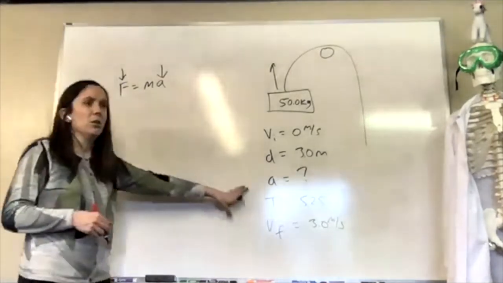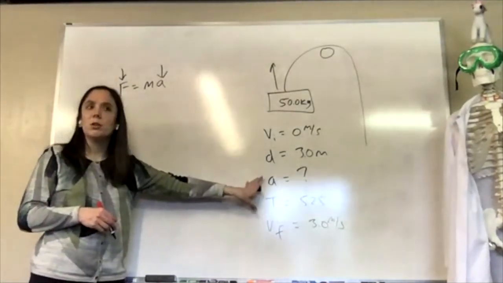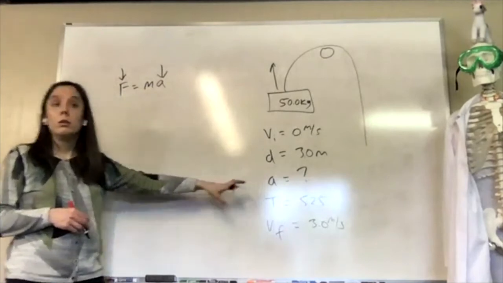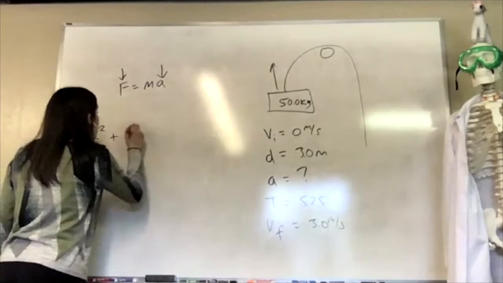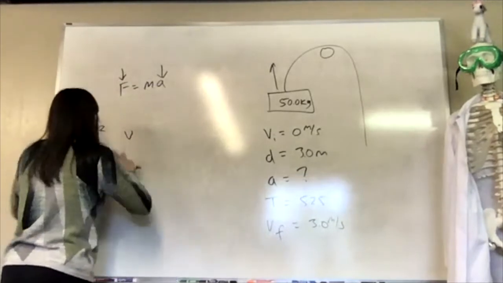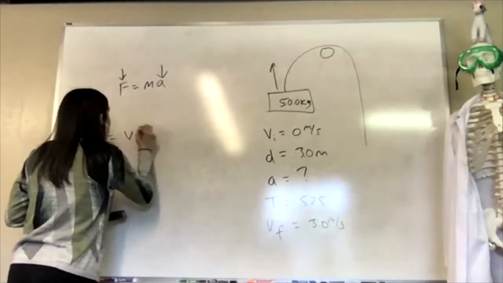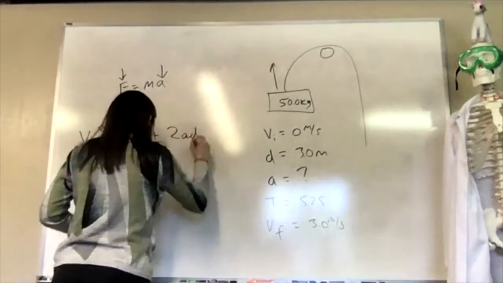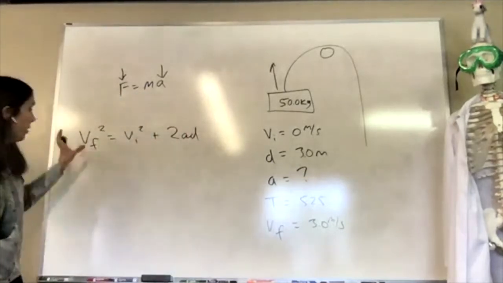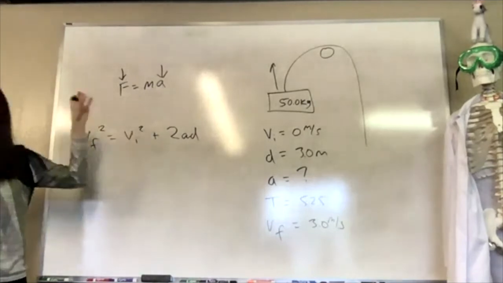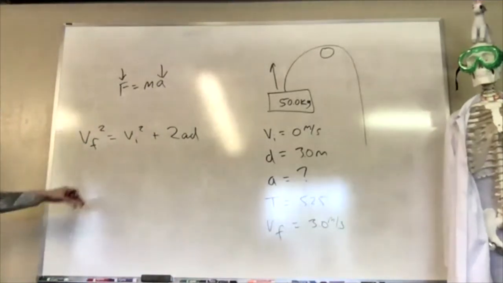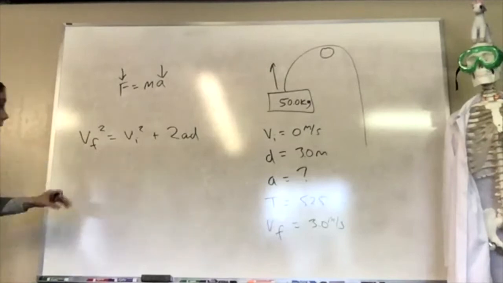You remember the equation that has all those variables in it? Okay, final velocity squared equals initial velocity squared plus 2 times acceleration times displacement. We can solve for acceleration.